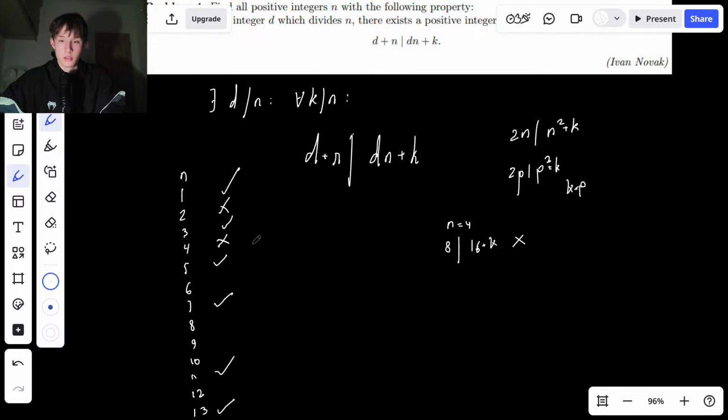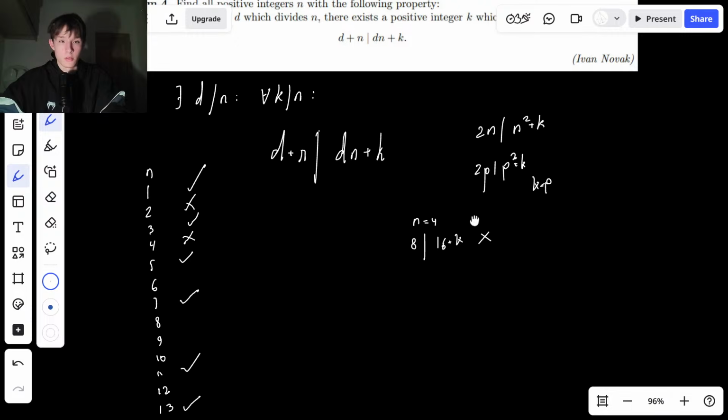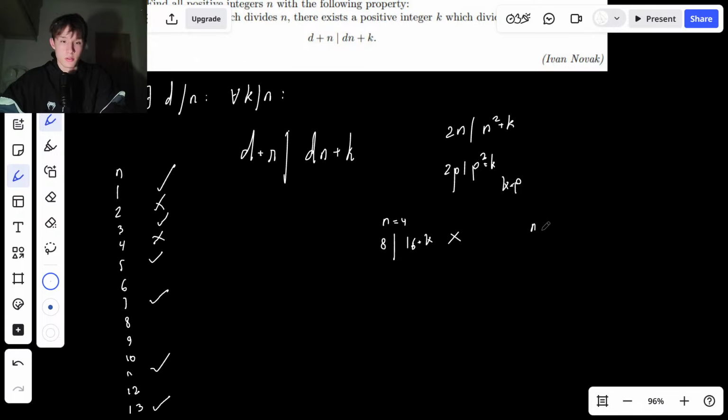Okay, there it goes. So if n is divisible by 2, suppose n is equal to 2 to the power of alpha times some odd number k, let's call it k prime. Then we know that 2 to the power of alpha plus 1 times k prime divides 2 to the power of 2 alpha times k prime squared plus k.